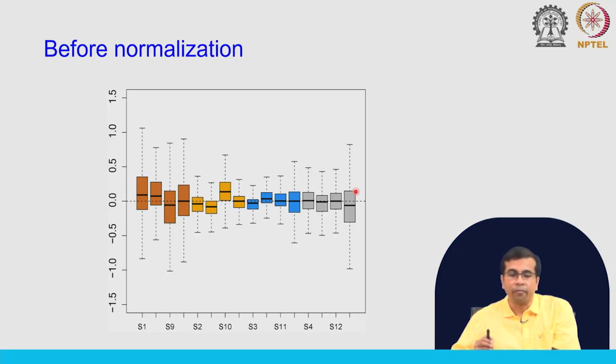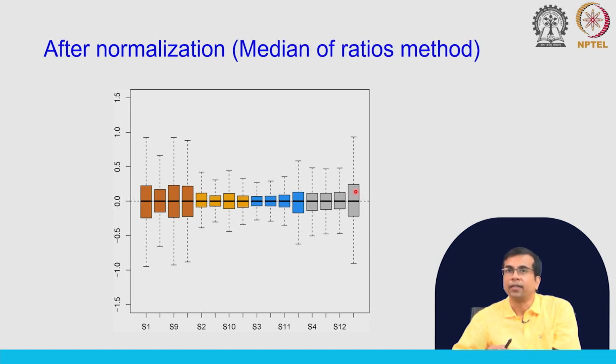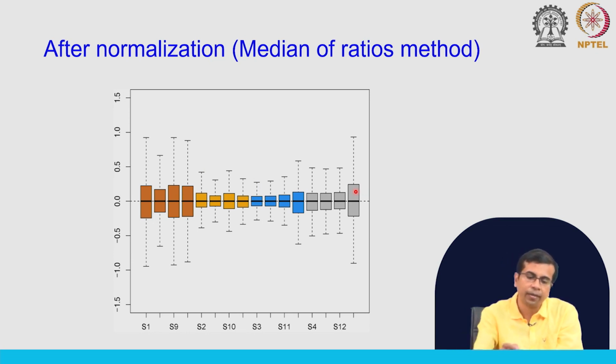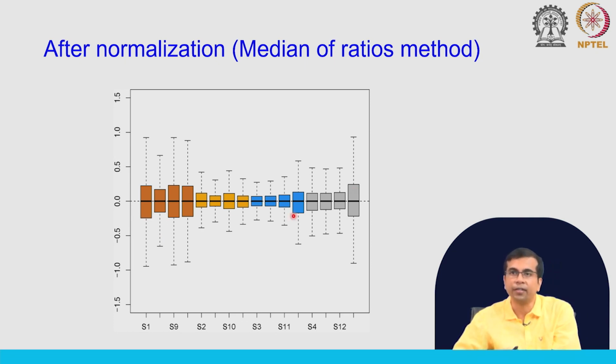So, we go back to those early plots and I can show you how the data would look after the normalization. This is before normalization, the raw data, transformed because of this RLE method, and then this is after normalization using the median of ratios method. Here you see that the medians are more or less identical and the distributions have changed.